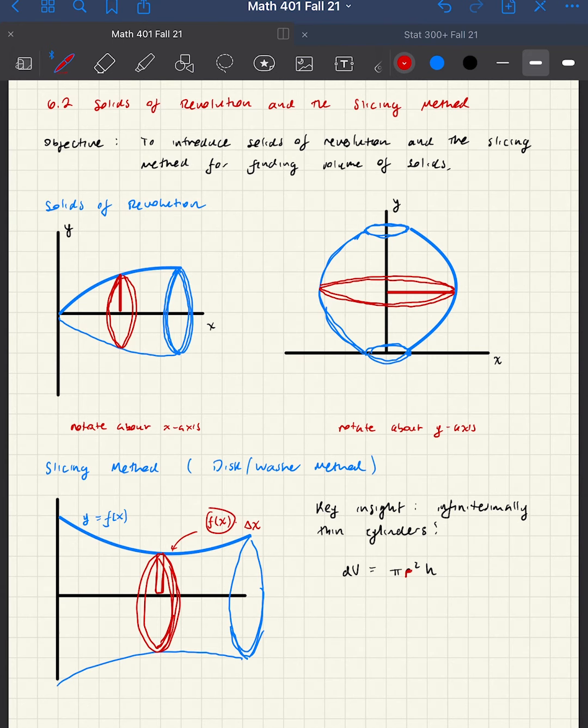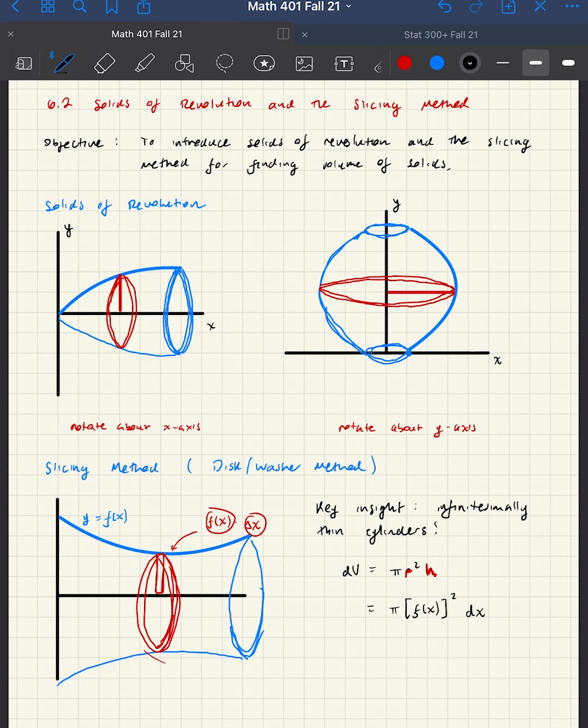So r is f of x. And h, the height of the cylinder, or the width of this coin shape, is delta x. In other words, it becomes pi f of x squared dx.